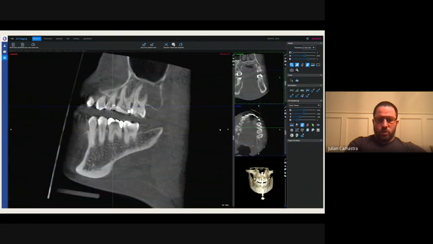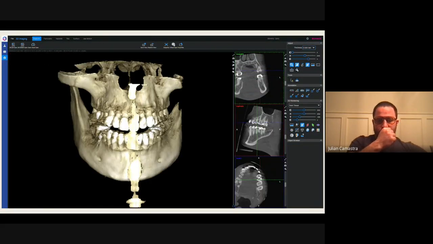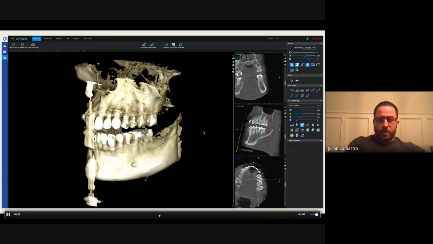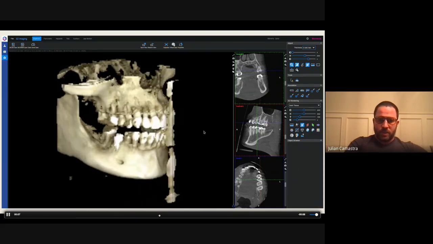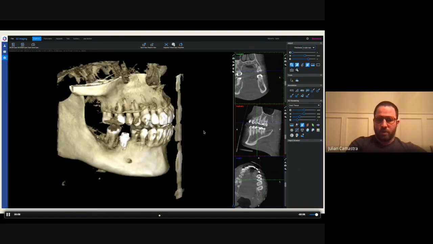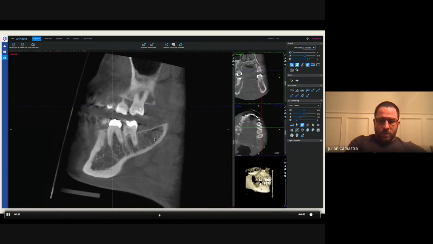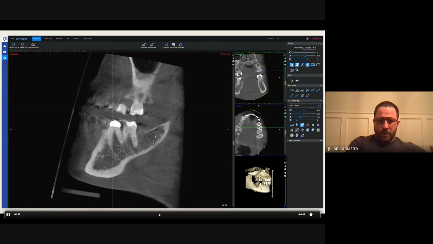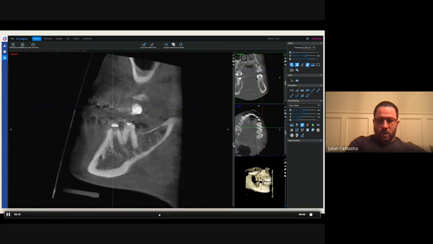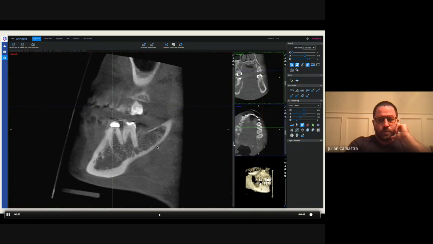This video shows her 3D scan. We're going to scroll through it and we'll be able to see some of these areas with the poorly calcified bone. So I'm scanning through and we can see in here where the bone is not as well formed. And that's where she had her wisdom teeth taken out.